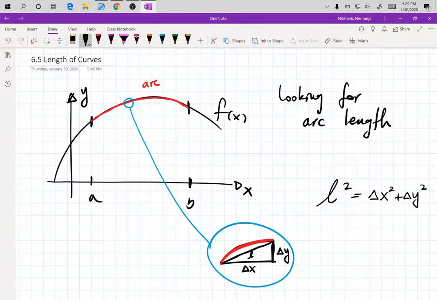Delta x and delta y are just the change in x and change in y for this infinitely small piece of the wire or something. So from there we see that L is equal to the square root of delta x squared plus delta y squared.